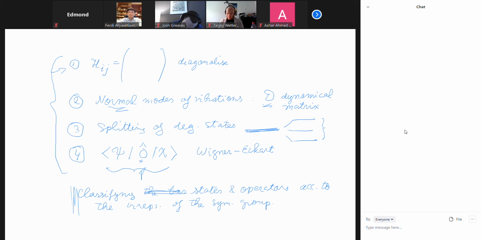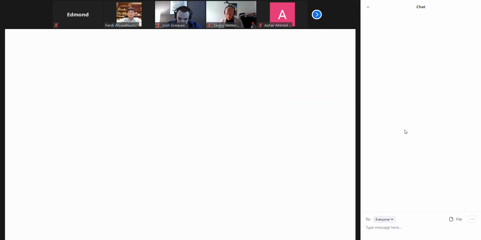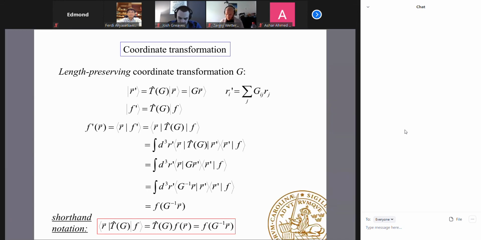Okay, so we first need to define how the symmetry operators act on an arbitrary function. We want to know this coordinate transformation. It's a length-preserving coordinate transformation, G. So this is a bit like a rotation.